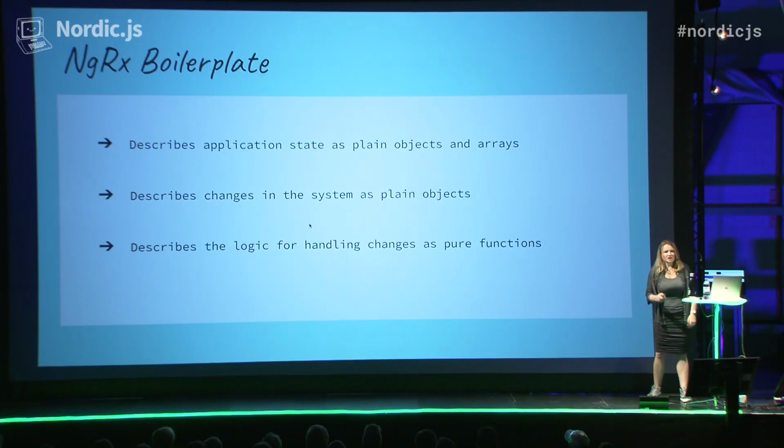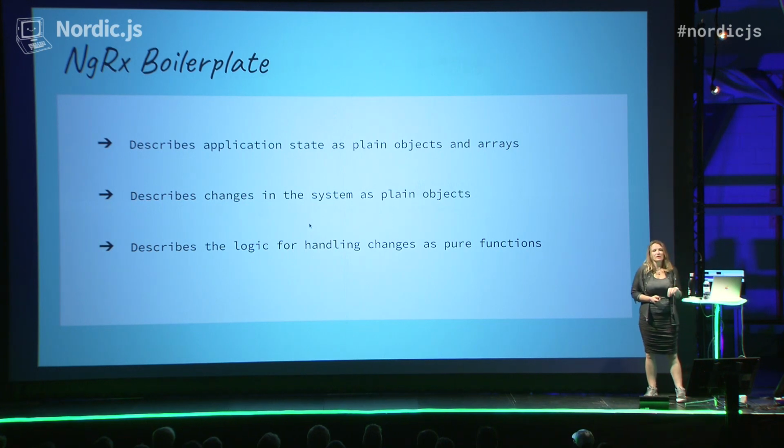So what about this Ngrx boilerplate? In Ngrx, the boilerplate consists of the application state described as plain objects and arrays, and it describes changes in the system as plain objects, and it describes the logic for handling those changes as pure functions.